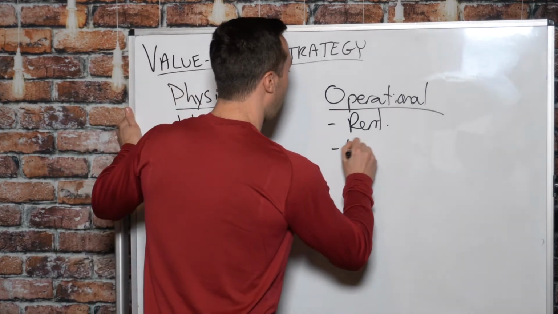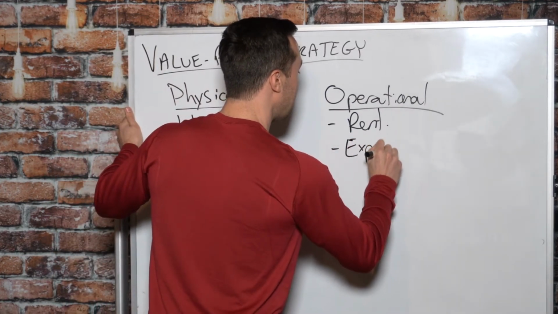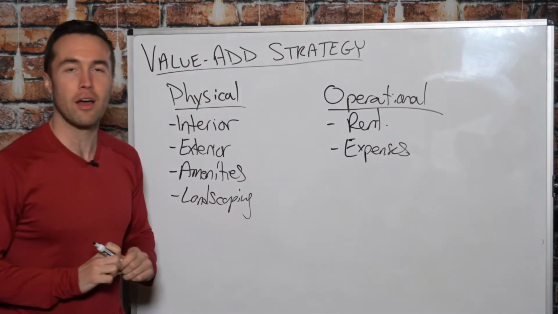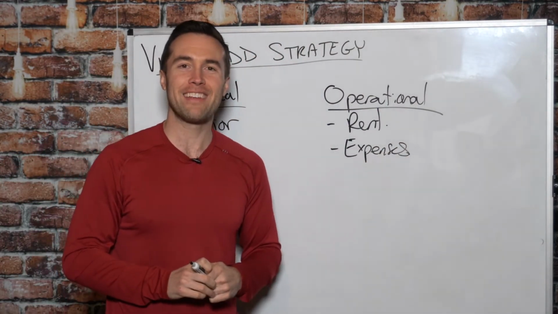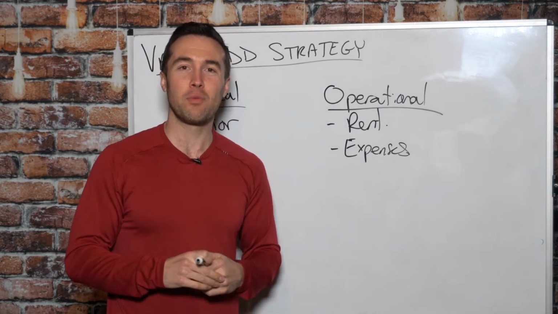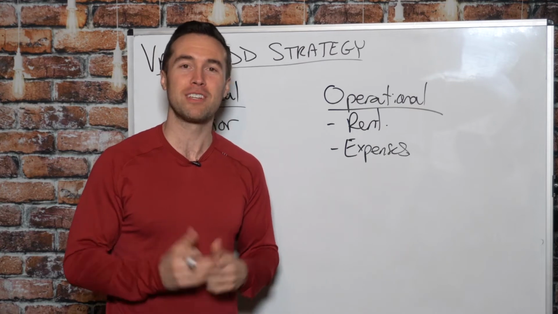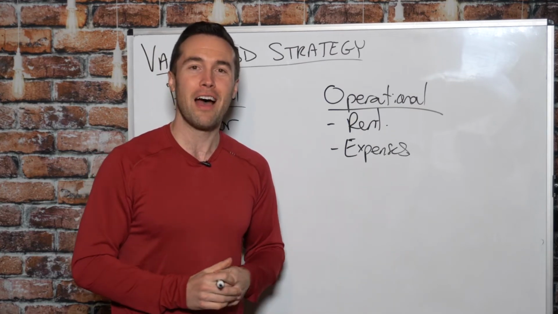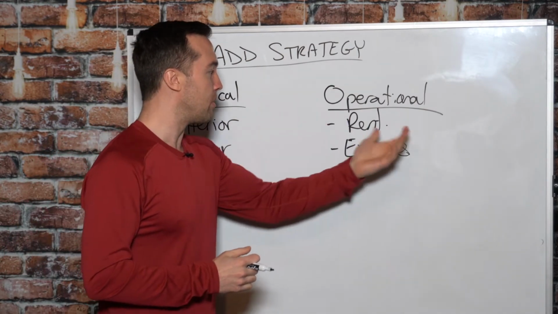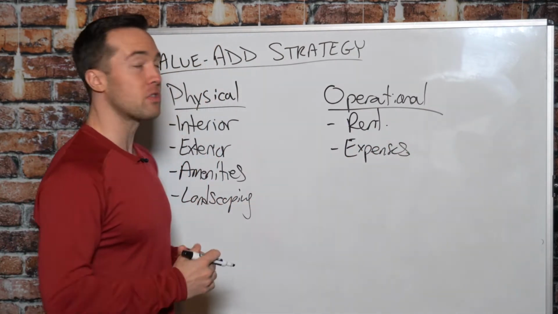And then we can actually optimize expenses. Maybe the past owner had one insurance broker, and we've realized that after we've gone out to the market, we can maybe half or significantly reduce the insurance premiums we're paying on the property. We can also institute what's called a RUBS program.